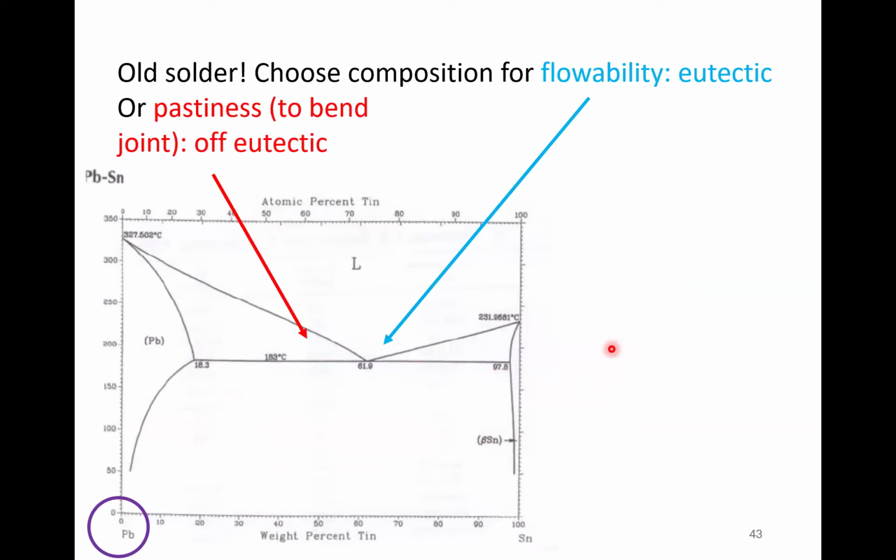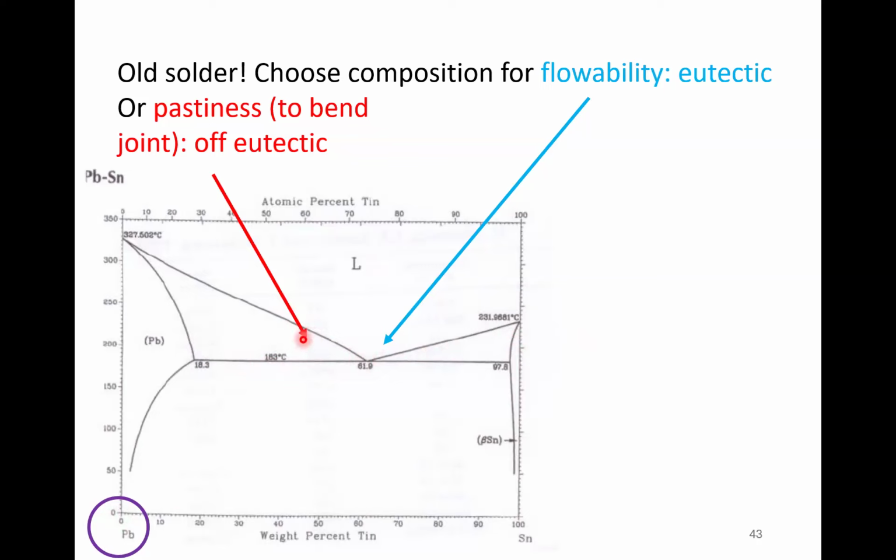This is the old solder. It's still really good. People have been trying to get rid of it for ages because of lead, and lead is poisonous, okay? The only problem with this is that it's difficult because it's cheap and it's also low temperature. And you want a eutectic, because if you have it here where there's no range of solidification temperatures, it's got good flowability.